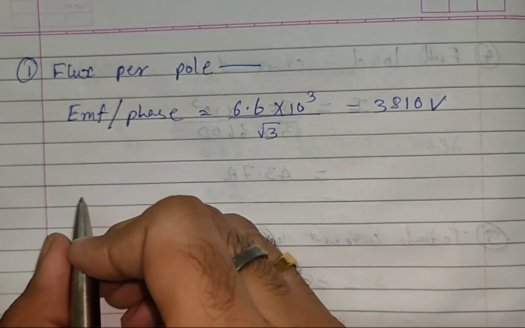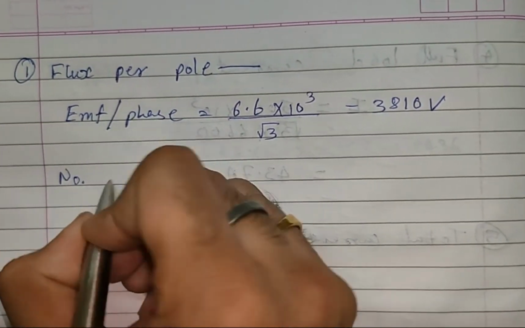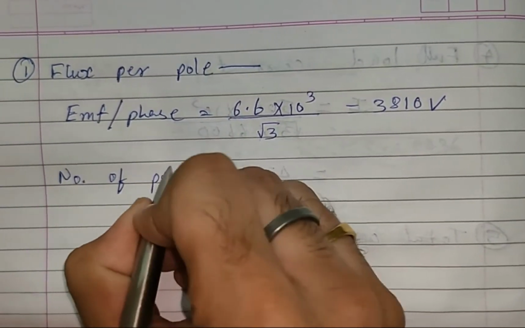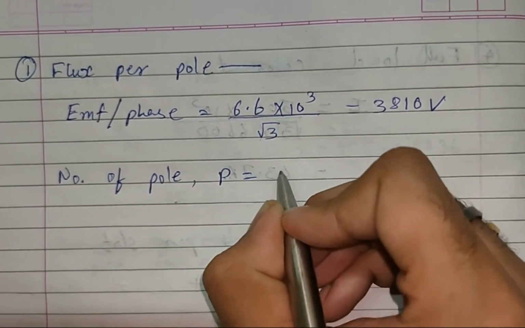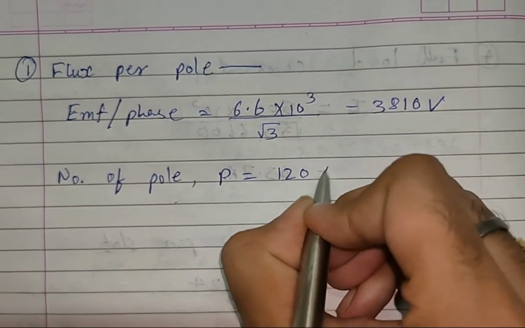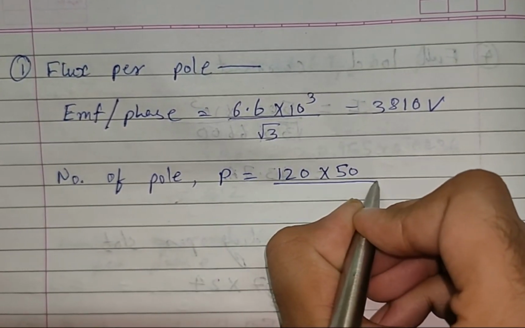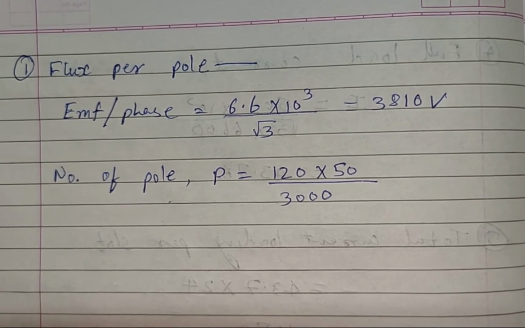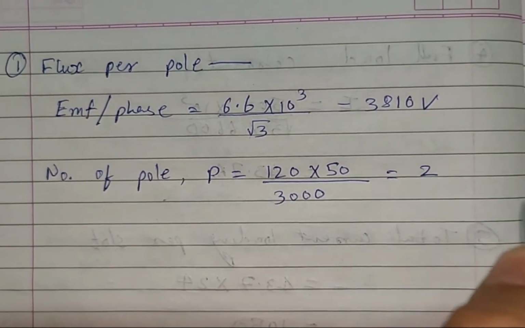Now the number of poles of the alternator. Let us find the number of poles, denoted by P, which is equal to 120 into 50 divided by 3000, which gives us the number of poles as 2.